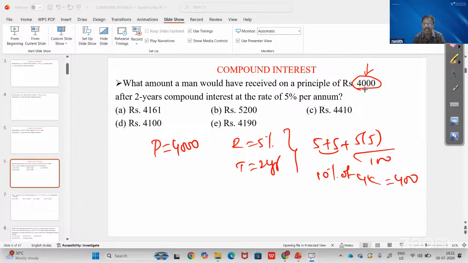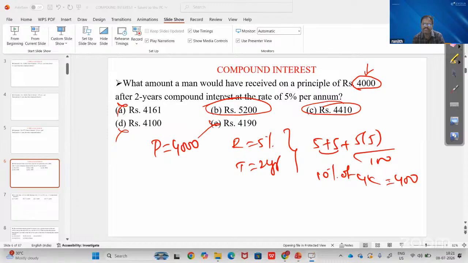So the answer will be more than 4,400. The other options are cancelled directly. Why? Because it can't be 5,200. It is nearby 4,400 only. So the answer will be 4,410.